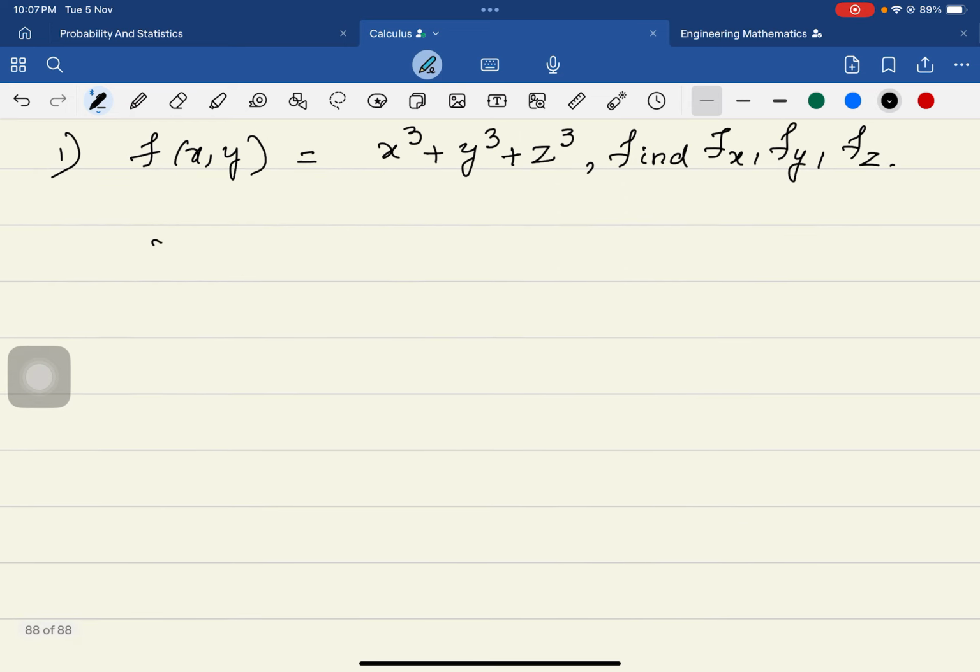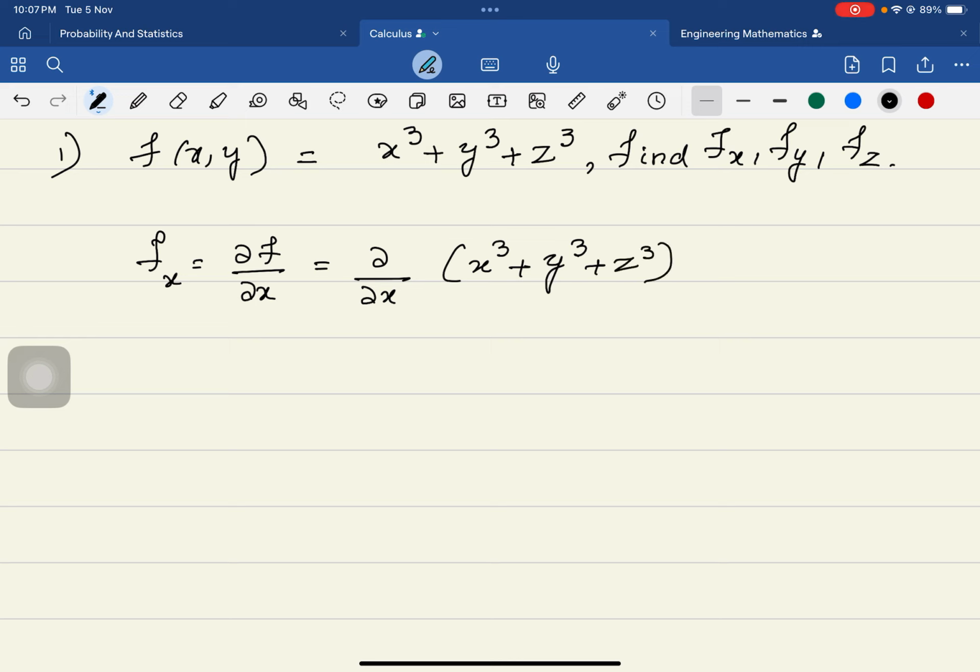Now you are going to differentiate for fx, that is dou f by dou x, so that is dou by dou x of the function x cube plus y cube plus z cube. Now you are differentiating with respect to x, so the constants are y cube and z cube. The derivative of x cube becomes 3x square. The derivatives of y cube and z cube are 0. Hence the value of the partial derivative is 3x square. I hope it is clear.